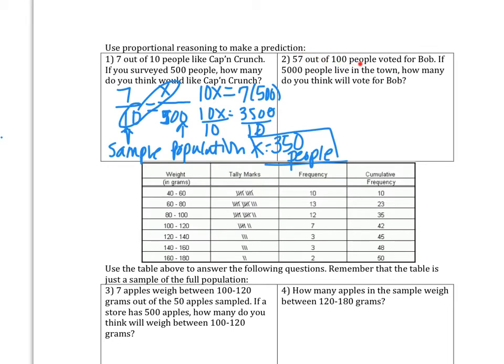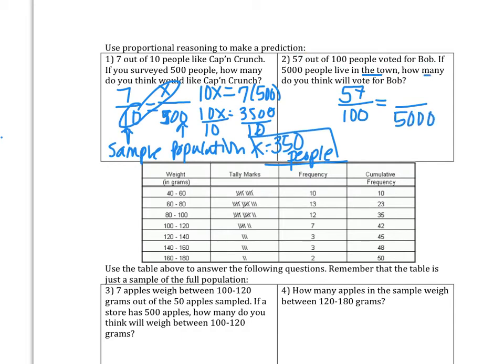Number 2, 57 out of 100 people voted for Bob. Okay, so first of all, we're going to write down our sample, and that is 57 out of 100. If 5,000 people live in the town, that means our population size is going to be 5,000.